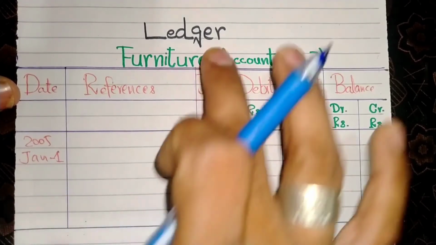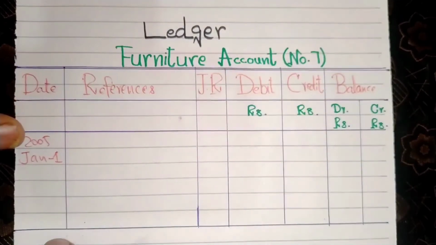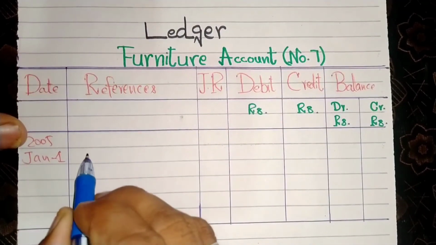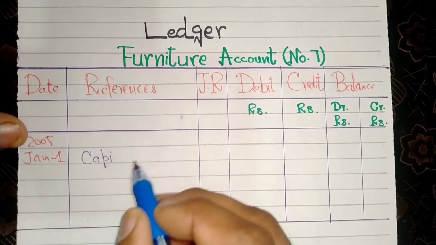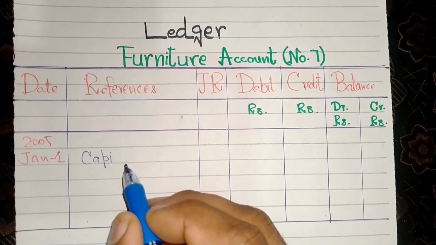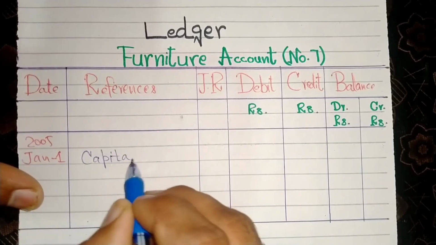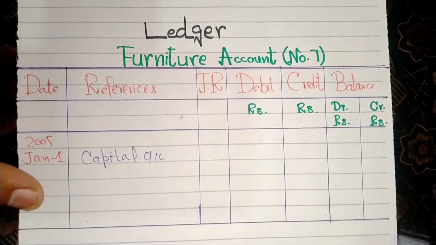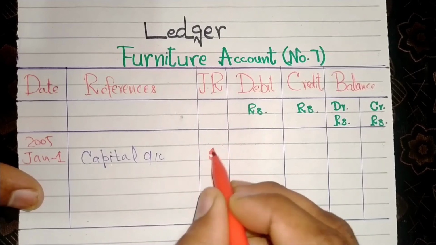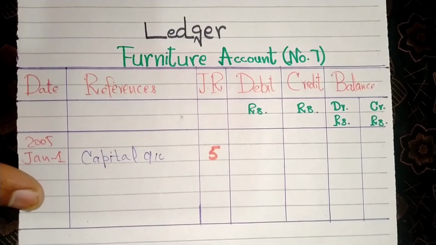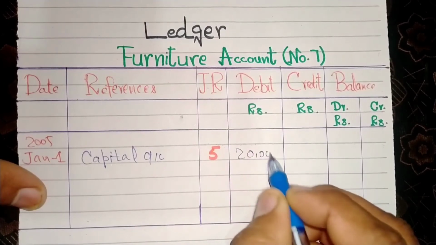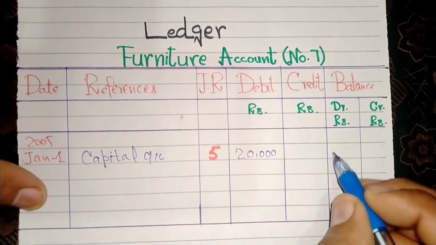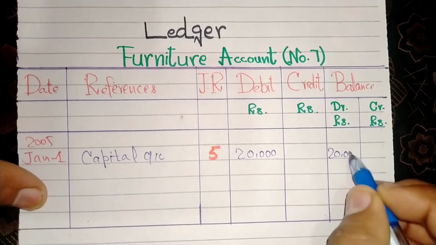So the furniture account is debited with the capital account. We will write here, same as the cash account, capital account, because the owner invested cash and furniture as capital into the business. The capital account, with journal reference number 5, this is the page number of the journal, with a debit amount of 20,000 rupees, and ultimately we have a debit balance here too.